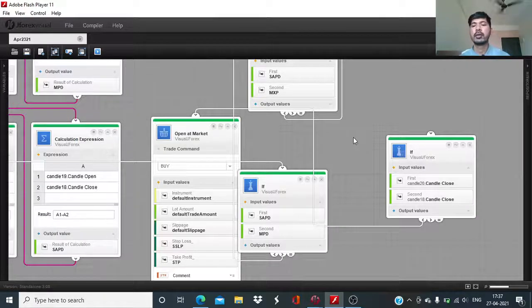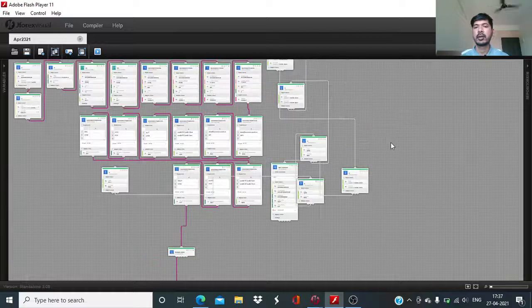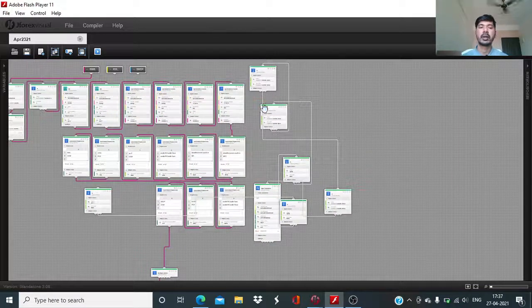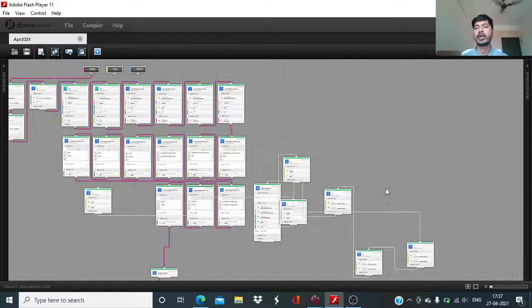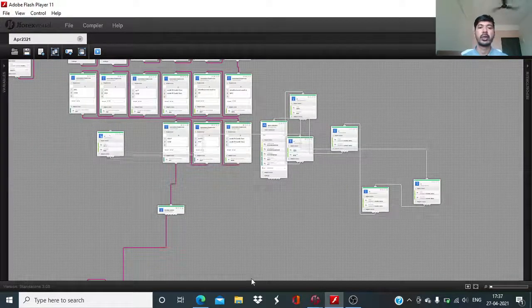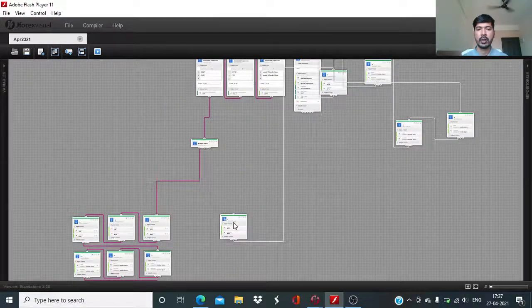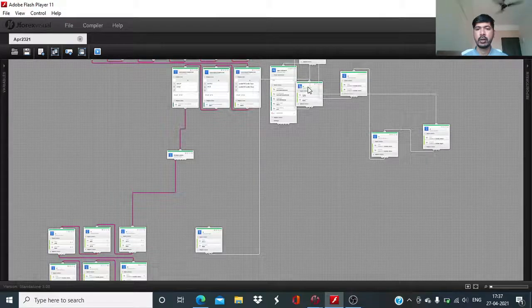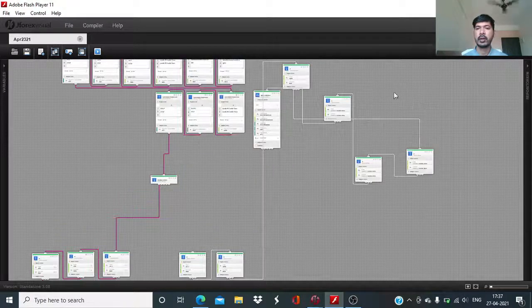So with this we have defined these 6 important conditions which need to be in place for any trade to be initiated using this logic, and we will have to also make sure that the format is symmetrical.